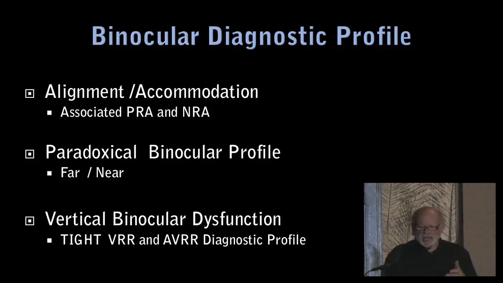The binocular diagnostic profile. These are just thoughts along the way. First of all, I'm measuring alignment and I'm incorporating an accommodative lock. Now I can investigate the positive relative accommodative function and the negative accommodative function in an associated way. Now, there are a few things that are interesting about this.